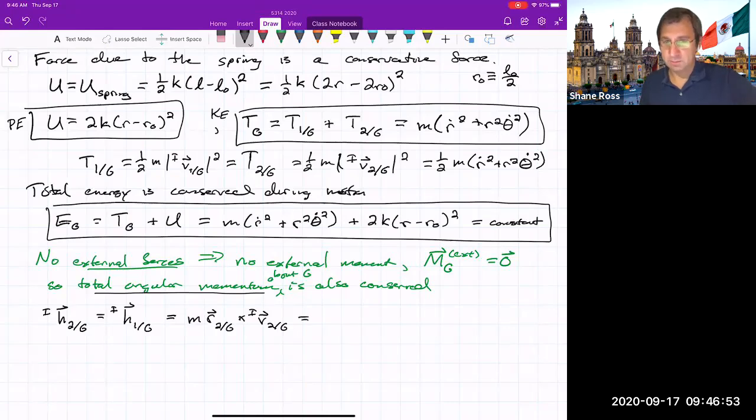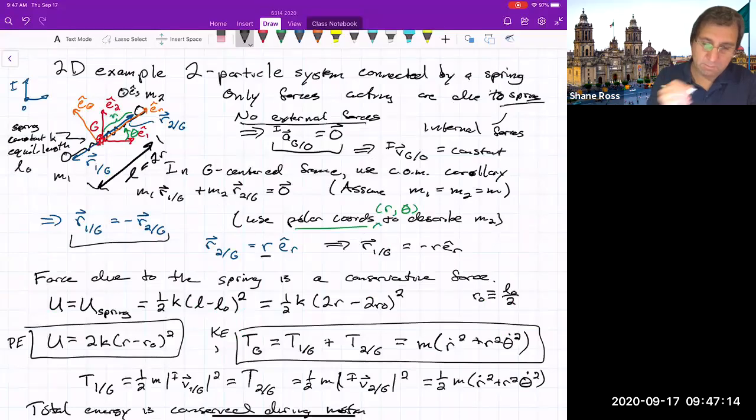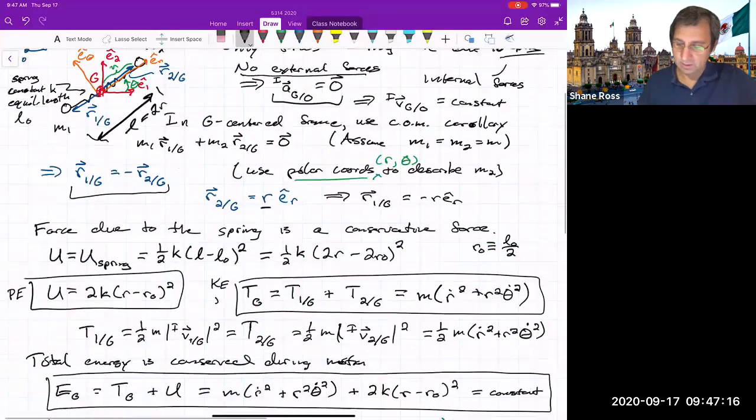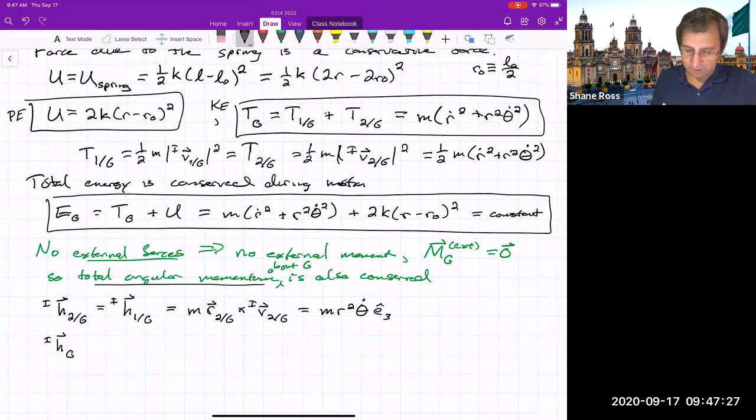And if you work out what that cross product is, we've already done the cross products for polar coordinates, so I'm not going to repeat it. So this is the mass times r squared theta dot in the E3 direction. That's just the third direction coming out of the screen. Okay. So the total angular momentum with respect to the center of mass is the sum of these two.